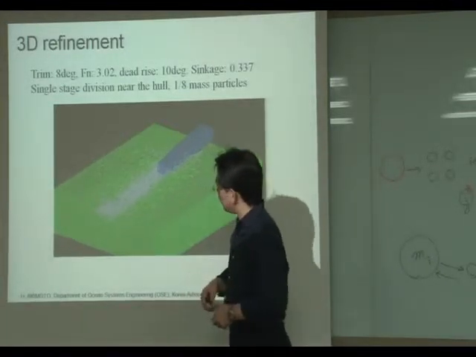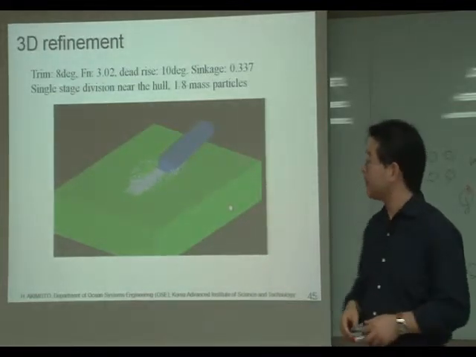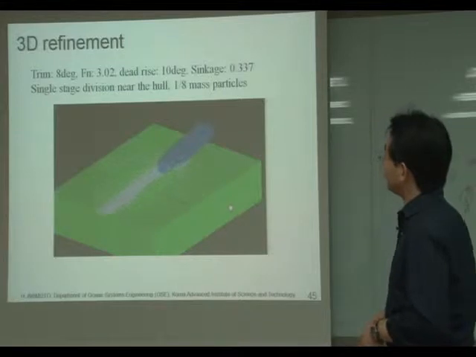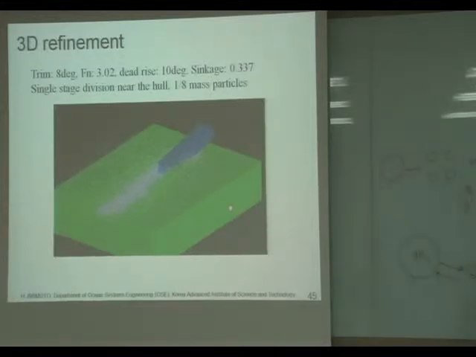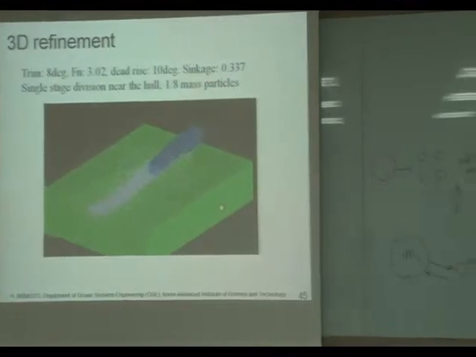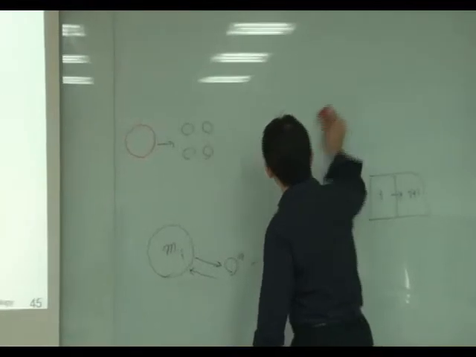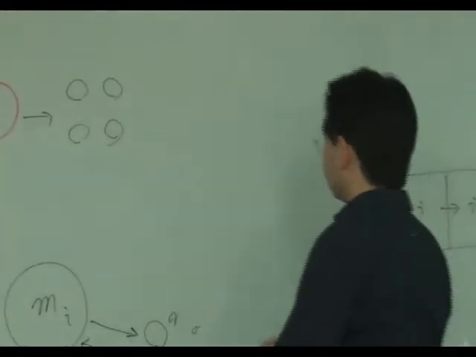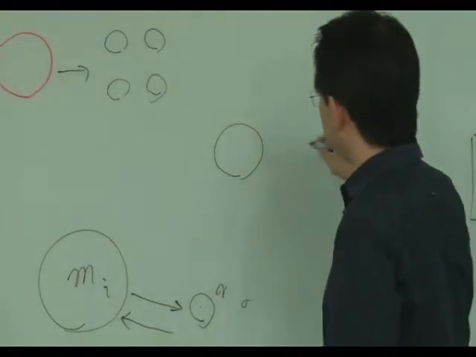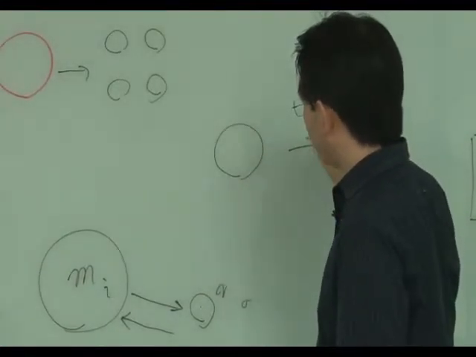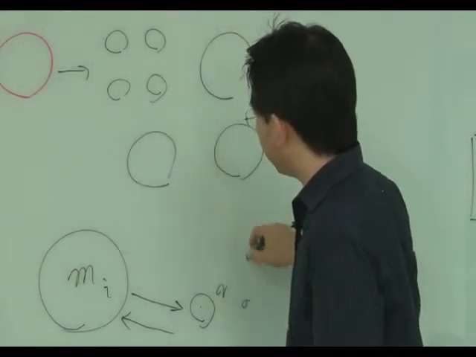A white particle indicates the divided smaller particles. Because it is a 3-dimensional case, the division of a particle is now into 8. It happens like this.